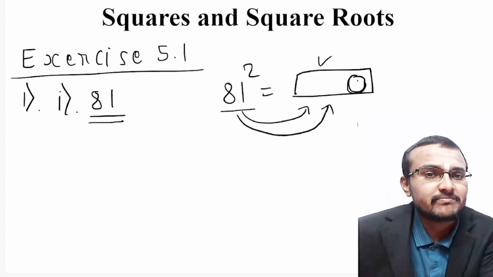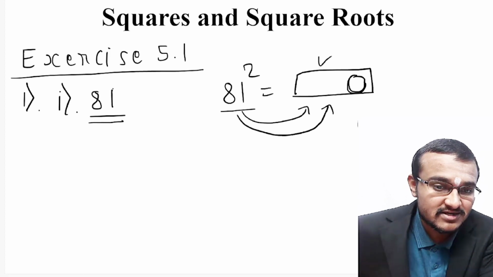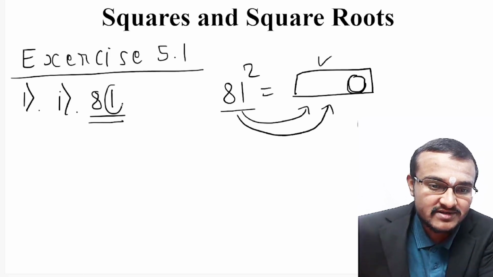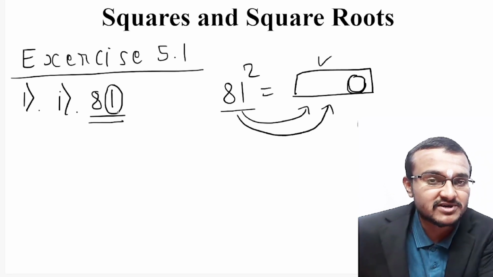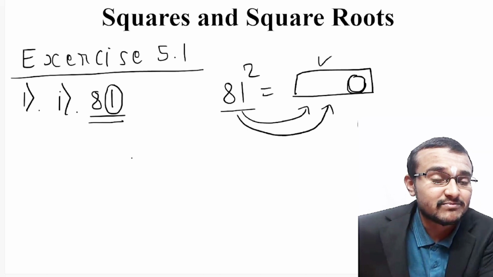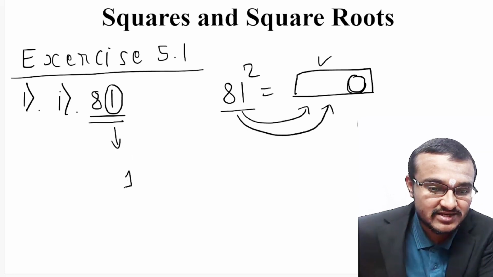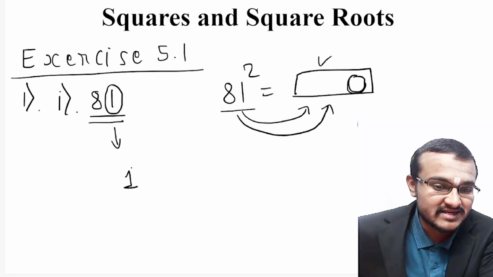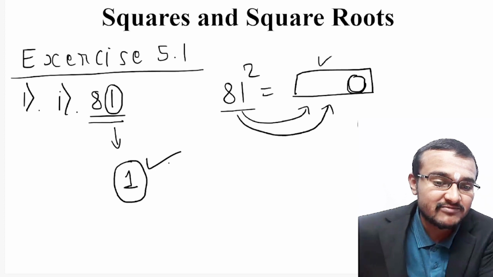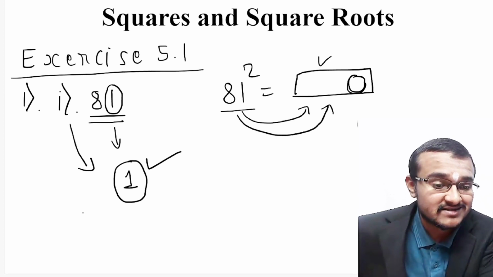A simple technique to find that is to just do the square of the ending digit of this number and see what number you are getting. So what is 1 square? 1 square is equal to 1. That means the square of 81 will be ending with the number 1. So the answer for the first question will be 1.